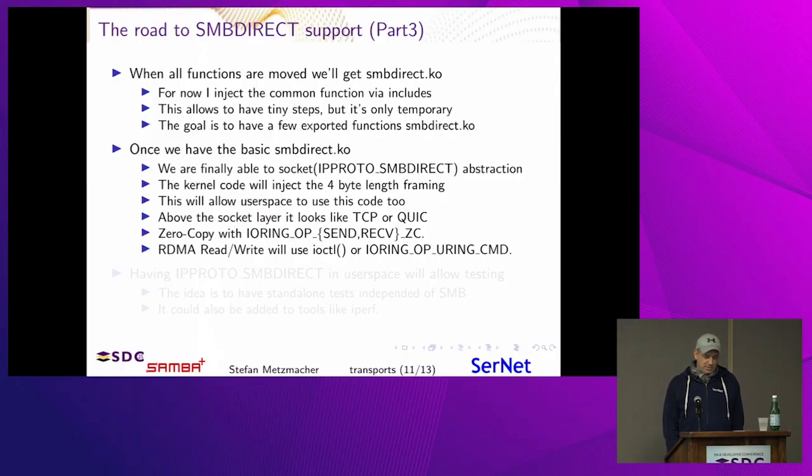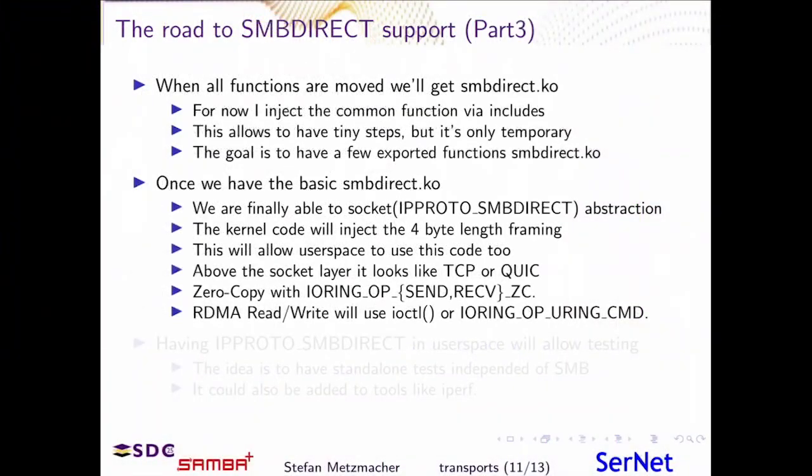In order to do some zero copy improvements to avoid data copies, I will later use io_uring with send and receive zero copy. And for the RDMA read and write, we will use some IO command, which is basically an ioctl style command, so that we don't have to do more copies than needed there.